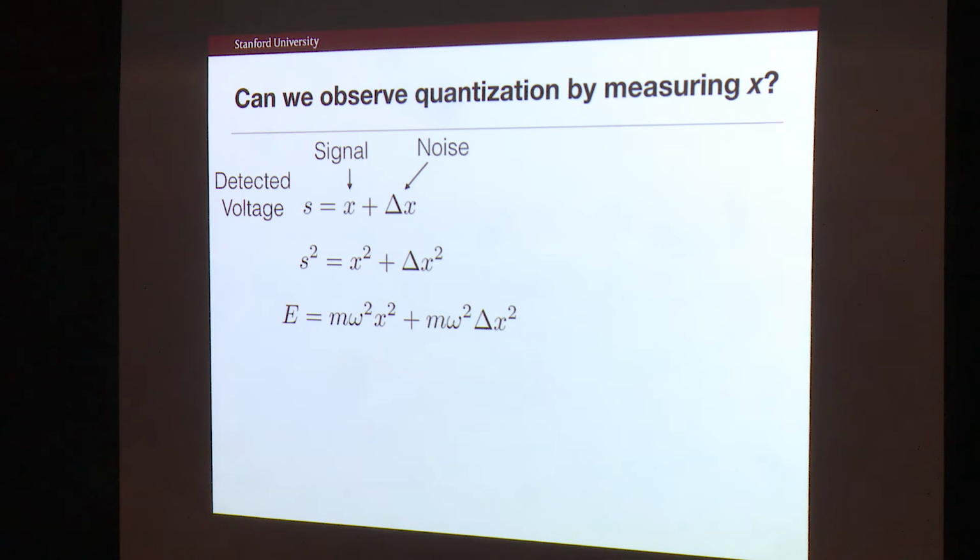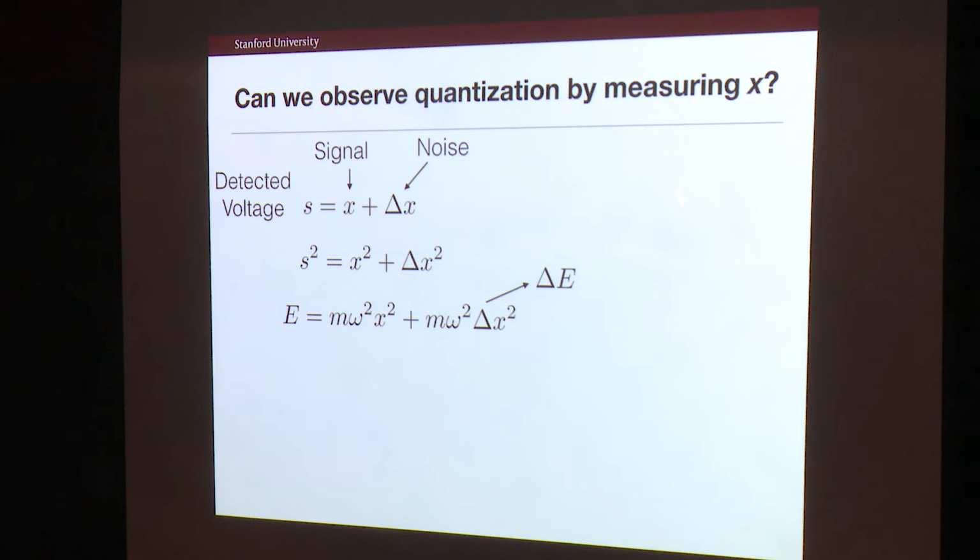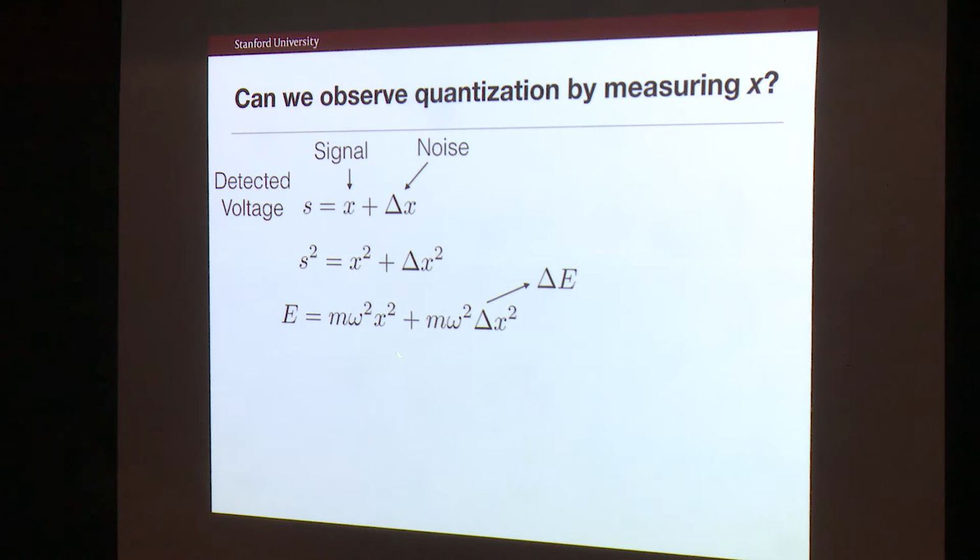And if you do that, you're also squaring your noise, and I'm going to assume that my noise and my position are uncorrelated, which opens a whole can of worms. But this leads to an uncertainty, or imprecision, in the energy.